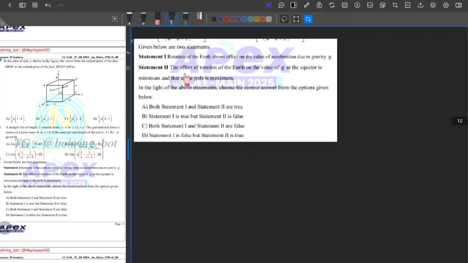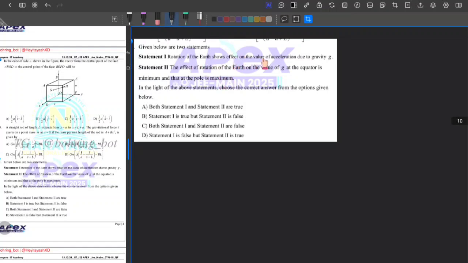This one. Statement 1: rotation of Earth shows effect on the value of acceleration due to gravity g. Statement 2: the effect of rotation of the Earth on the value of g at the equator is minimum and that at the poles is maximum.